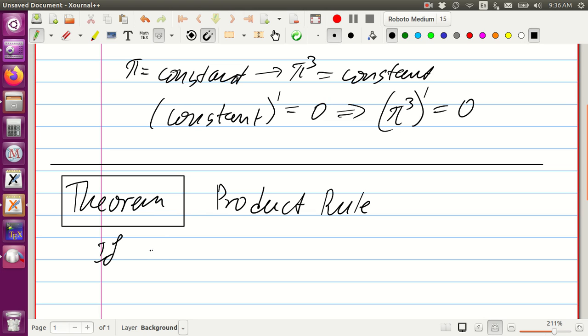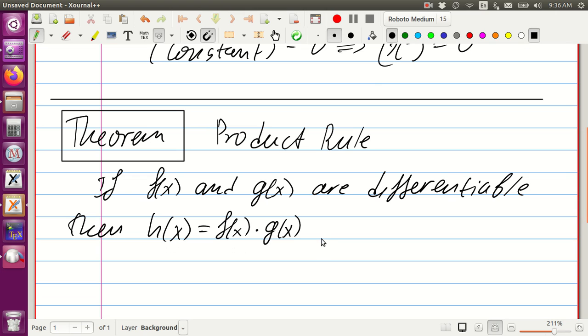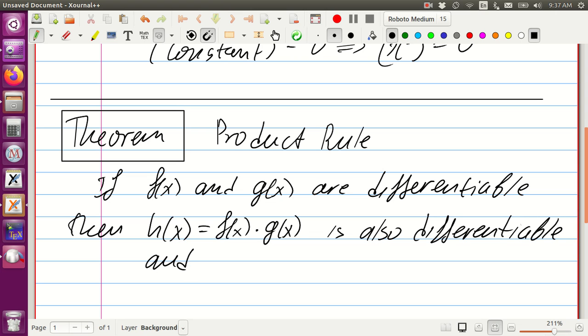If f of x and g of x are differentiable functions, then if we create a new function h of x, which is the product of f and g, then this function will also be differentiable. But not only that, we can also write its derivative down.